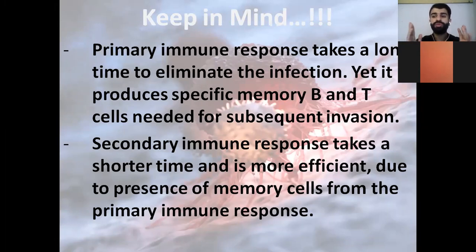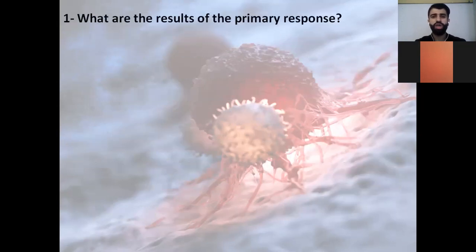So the primary immune response takes a longer duration, yes, but it produces the memory B and T cells. These are important for the secondary immune response to eliminate the pathogen immediately and after a shorter period of time. So this is the importance of the memory B and T cells. What are the results of the primary immune response?